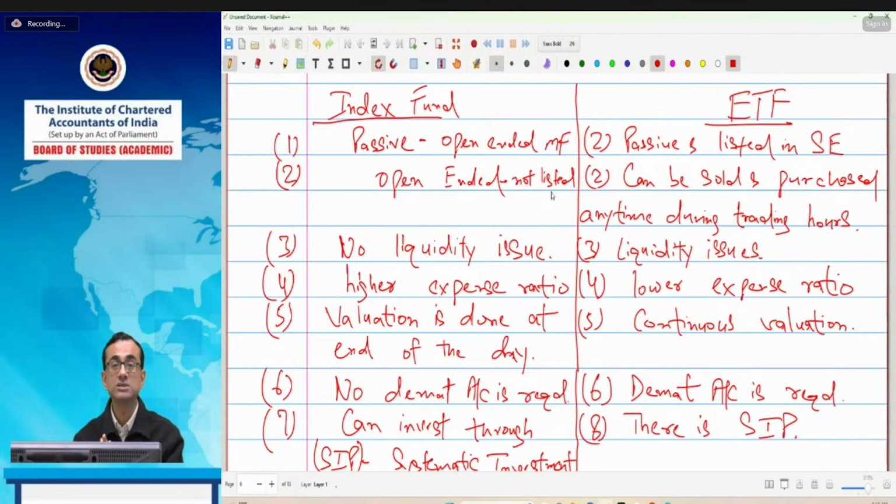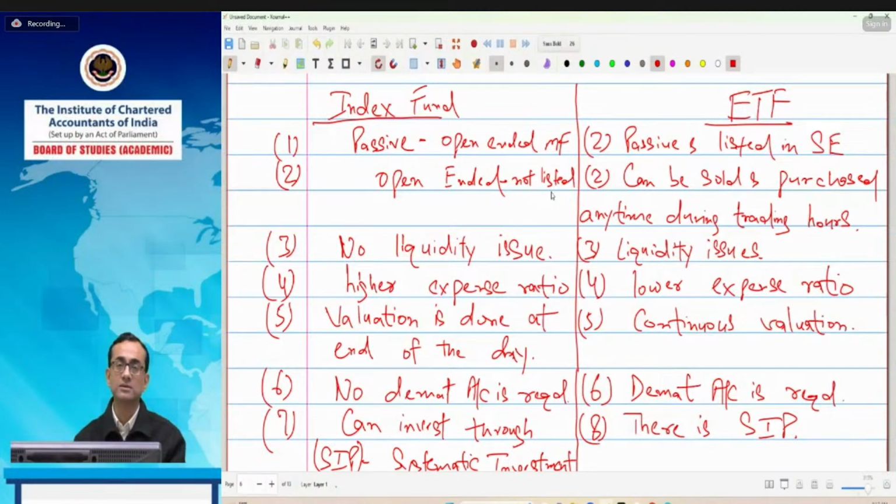But liquidity is sometimes a problem in case of ETF, because it is not frequently traded in the stock exchange. So sometimes the investor finds it difficult to sell the ETFs in the stock exchanges. The expense ratio is comparatively lower in case of ETFs because mutual fund managers do not have to do much, since it is continuously traded in the stock exchange.